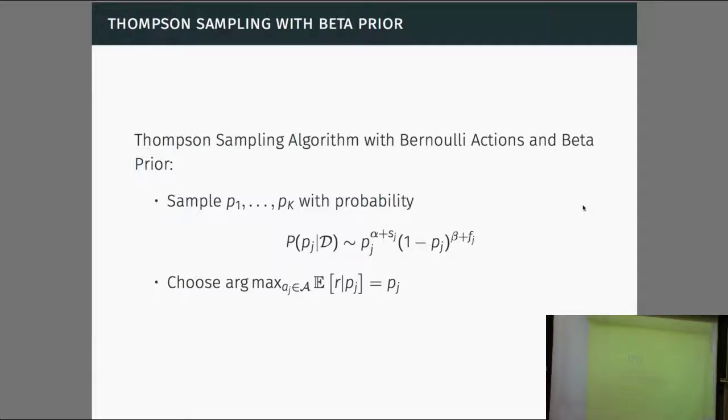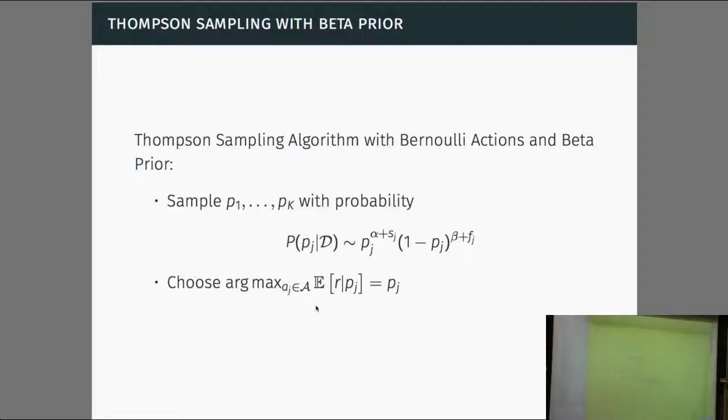So what is the algorithm now? For Thompson sampling, it's very simple. All we do is sample each of these p's with the following probability distribution: proportional to p sub j to alpha plus s sub j times 1 minus p sub j to beta plus f sub j.